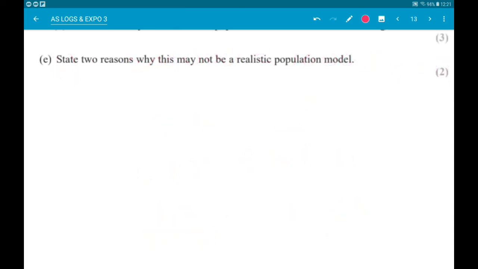Okay then, for part E, we want to state 2 reasons why this model may not be appropriate. First up, we have the classic problem that there's no cap or limit to the model, so it predicts infinite growth, which can't happen, so that's one problem.